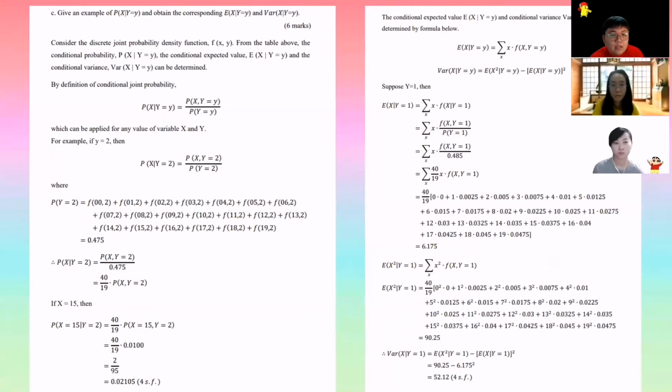So now I choose y equal to 1. The expected value by definition is the summation over all x from 0 until 19 of x times the conditional function given y equals 1. By the same method, the function of x given y equals 1 is f(x,y) divided by the probability of y equals 1.